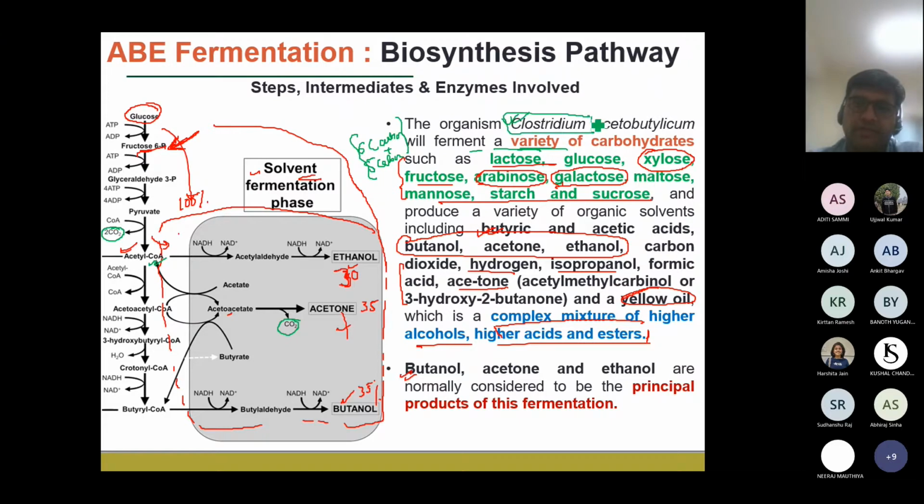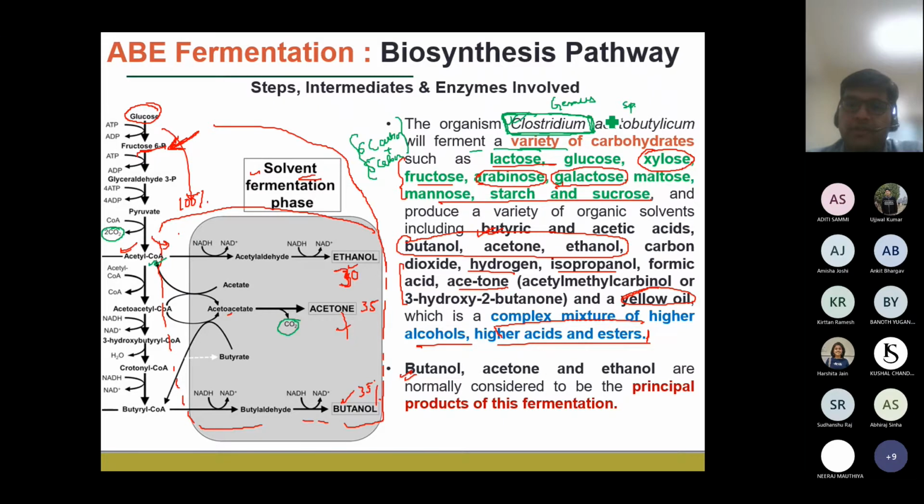Generally, if you see the scientific name of any microorganism, we have the genus name, and we have the species name. Different species of the genus Clostridium produce acetone or butanol naturally.